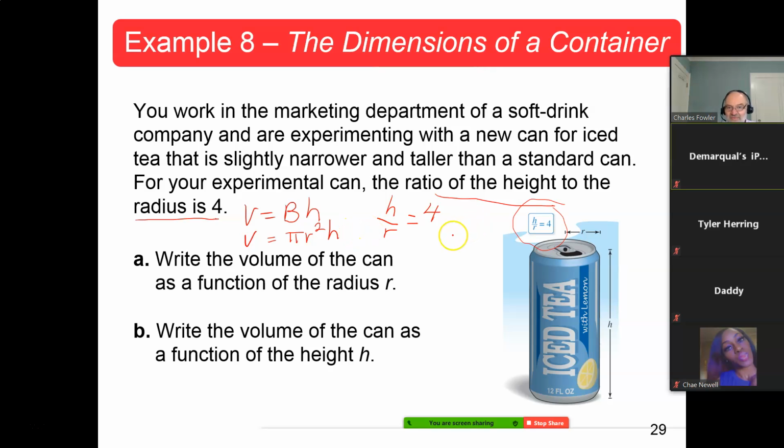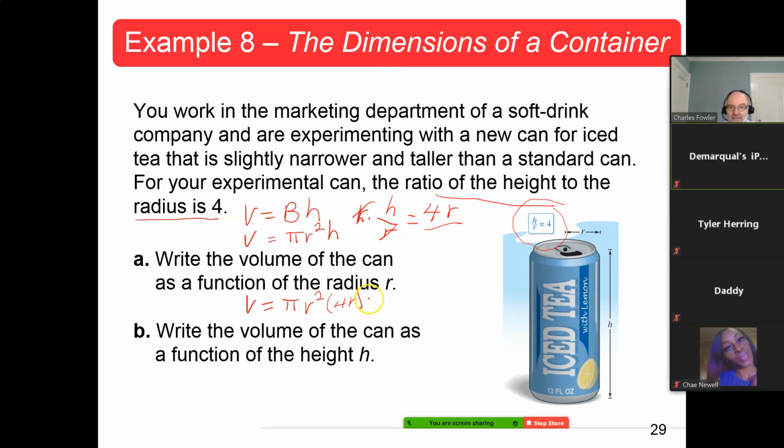So let's take this equation here and multiply both sides by r, so the r's cancel out, and now you have h is equal to 4r. So you take that and put it here. V is equal to pi r squared, that's in terms of h, but now the h in terms of r is times 4r.